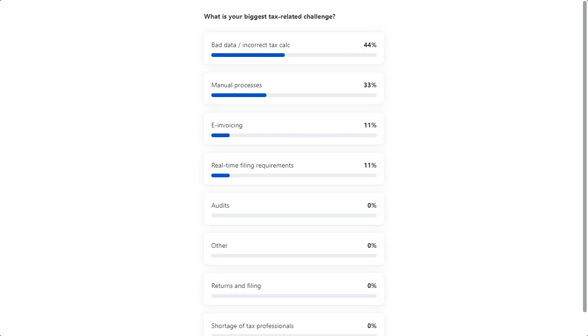Yeah, I mean, I think if you look at it, the manual processes and the bad data and incorrect tax calculation are potentially related. I think the more manual processes you have in your tax management end-to-end process, the less likely you are to get the outcomes that you're looking for. I'd be very keen to sit with anybody who responded to this poll and understand a little more context around why those are the challenge areas, because those are challenge areas that I think Vertex is uniquely positioned to solve.